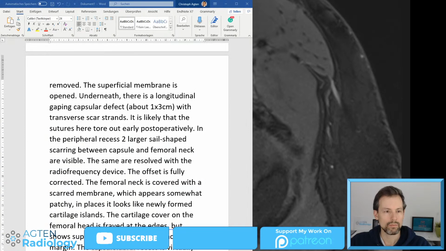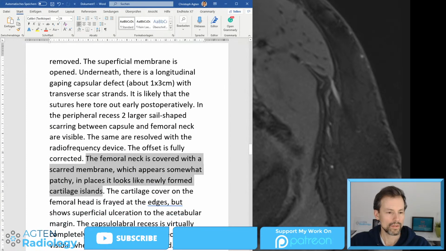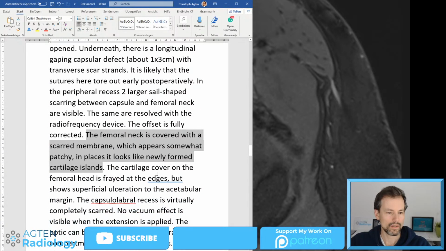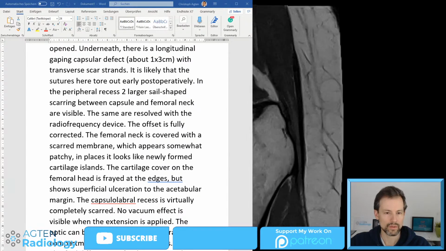Going back to the report here, the cartilage cover, that's okay. It is frayed at the edges, but shows superficial alteration to the acetabular margin. The capsulolabral recess is virtually completely scarred. That's what we expect, right? Best seen on these images here.